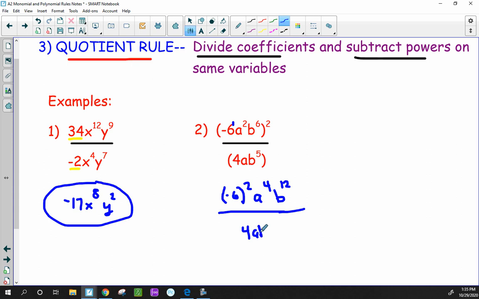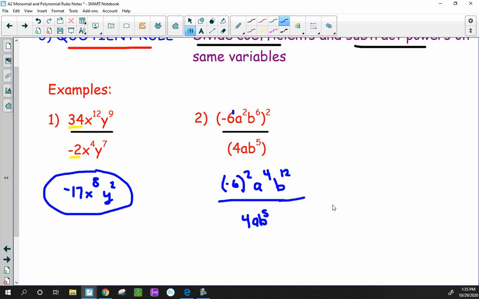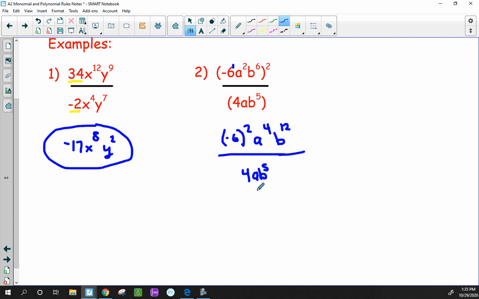Since this one does not have a power on the outside, then I'm allowed to just leave it like that. Okay? And then in the numerator, we'll go back, and I've got to simplify this. So using parentheses in your calculator, if you need to, you're going to type in parentheses negative 6, close your quantity parentheses squared, and that's going to give you a positive 36.